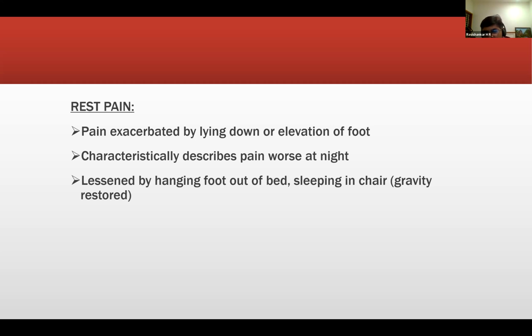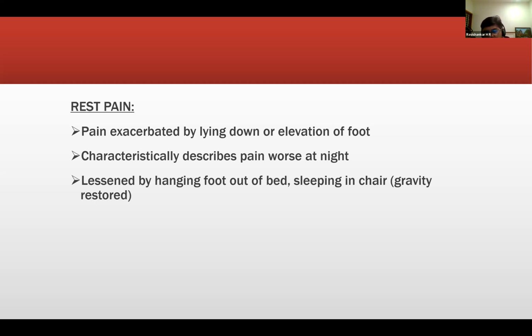So: increased perception of pain, reduced washout of substance P, less activity, and decreased sympathetic activity during the night. I think you need to check if there is any other reason, but definitely this question will be asked: why is rest pain worse at night? Okay, so remember this. Yes, sir.